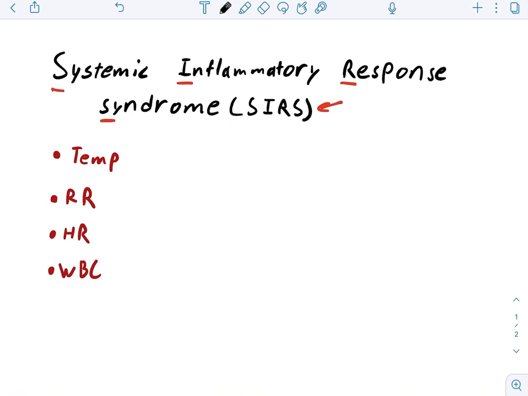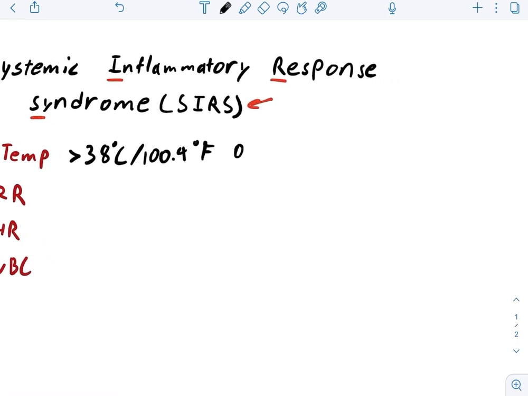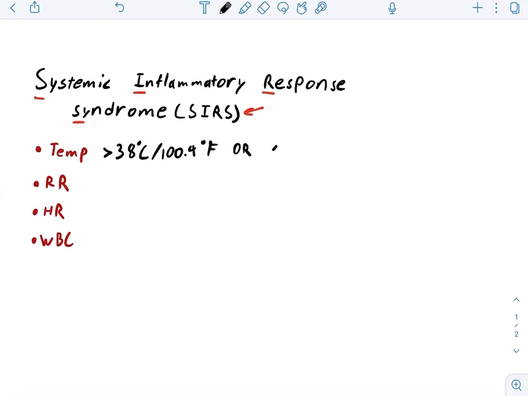So let's go ahead and just fill out the different components of each one. For temperature, if it is greater than 38 Celsius or 100.4 degrees Fahrenheit, so a fever, or, and this is important, it could be less than 35 degrees Celsius or less than 95 degrees Fahrenheit.